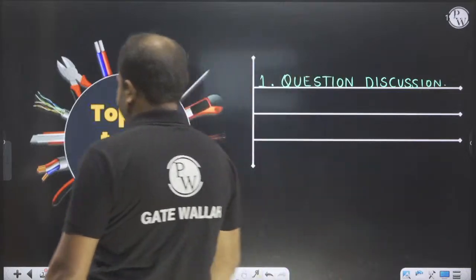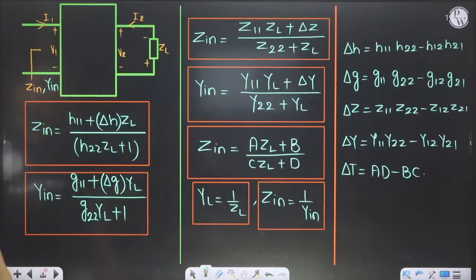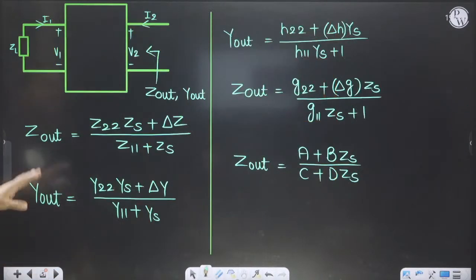Okay, so this is our topic which we have studied: how to calculate Z in or Y in in terms of the h parameter, g parameter, y parameter, z parameter. We have studied a lot. Then we have studied how to calculate Z out in terms of the z parameter, y parameter, h parameter, g parameter and ABCD parameter.